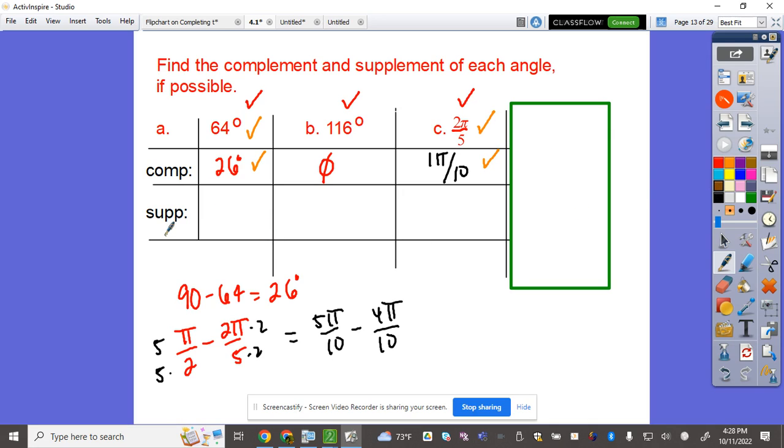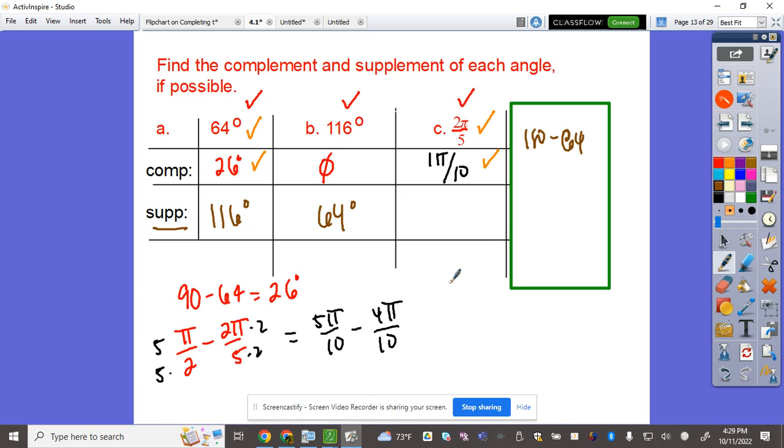Supplementary angles, when you add them, will be equal to 180. So 180 minus 64 will be 116 degrees. And for 116, to get its supplement, 180 minus 116 is 64 degrees.